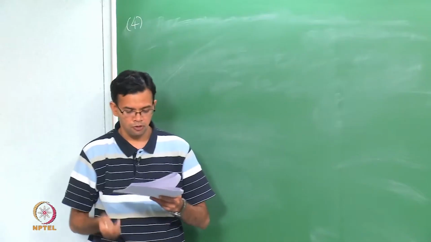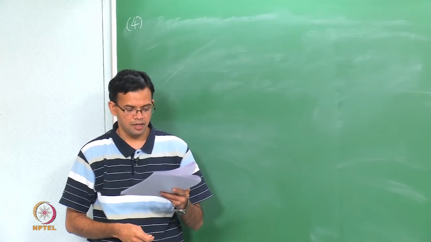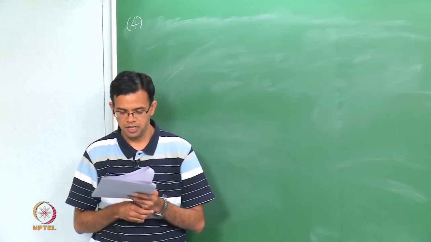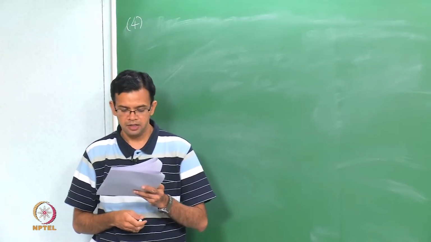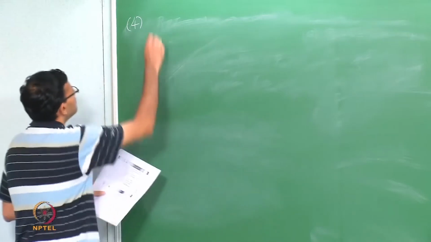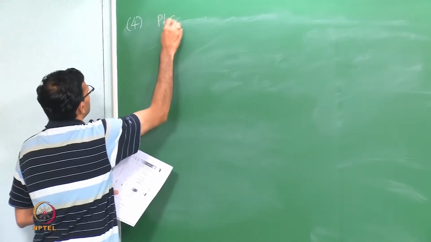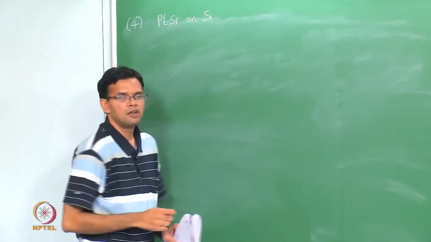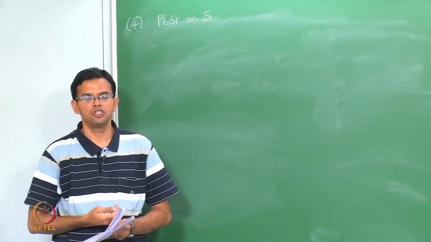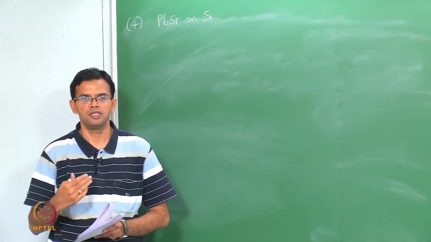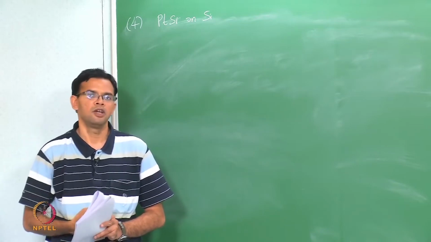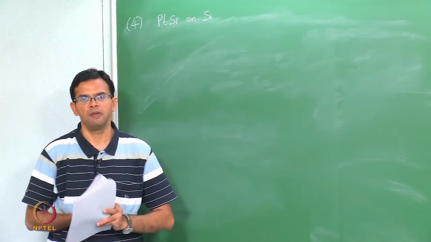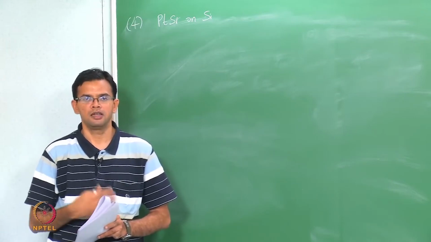So, problem 4, we have a platinum silicide Schottky diode fabricated on n-silicon. So, you have platinum silicide on silicon. So, how this is usually obtained is by first depositing platinum metal. Usually it is done by some vapor deposition process like thermal evaporation or sputtering or e-beam evaporation.